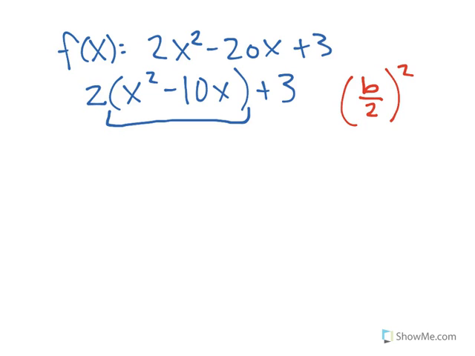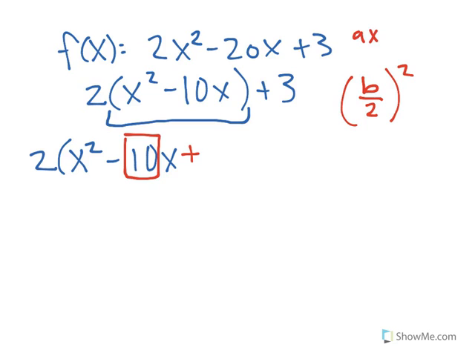So I'm going to write these changes in red. We already have 2 times x squared minus 10x. And in red here, I'm going to write b, which is our 10 right here, because of the formula being ax squared plus bx plus c.